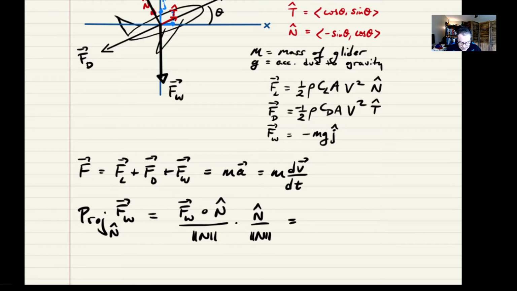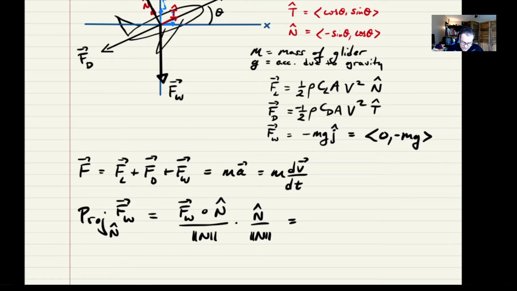Let me make a comment that the force due to the weight, because it's negative mg times the unit vector j, I could say it's 0 in the horizontal component and negative mg in the vertical component. It's just negative mg times the 0, 1 vector.